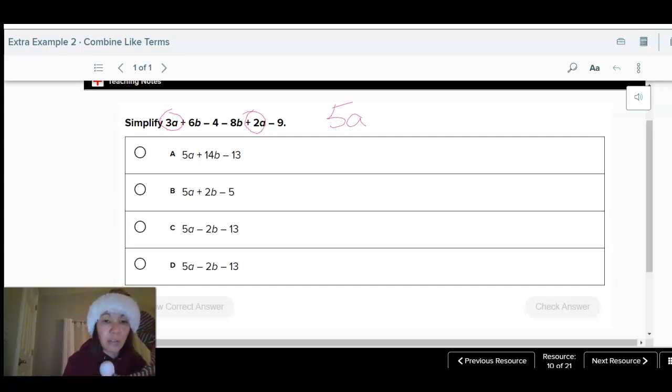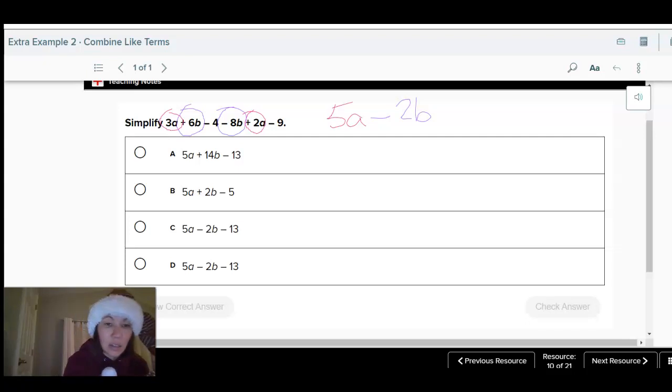And then I also have like terms with a b. So this is a positive 6b and a negative 8b. If I'm going to add these two together, 6b plus negative 8b, 6 plus negative 8 is negative 2b. So that's another way you can do this without having to rewrite each one.